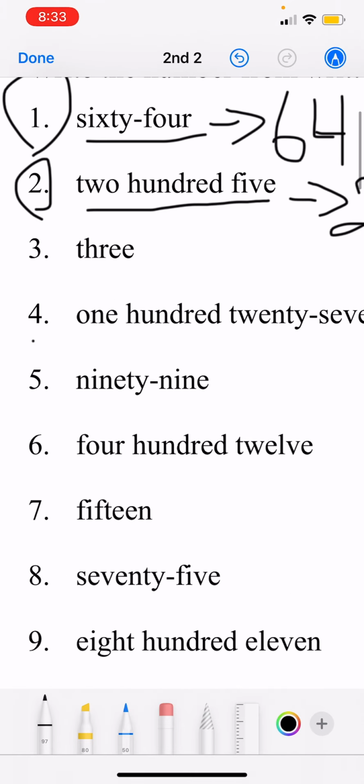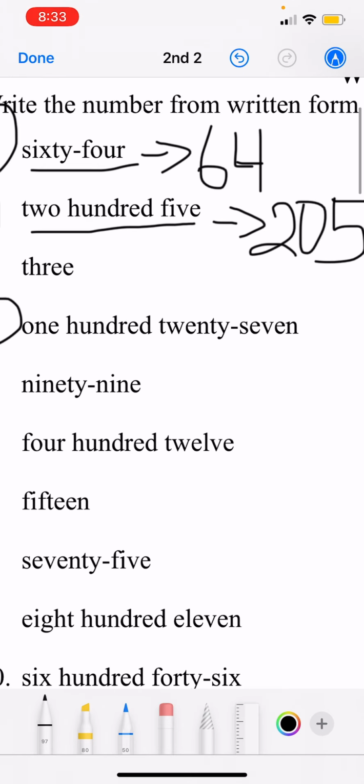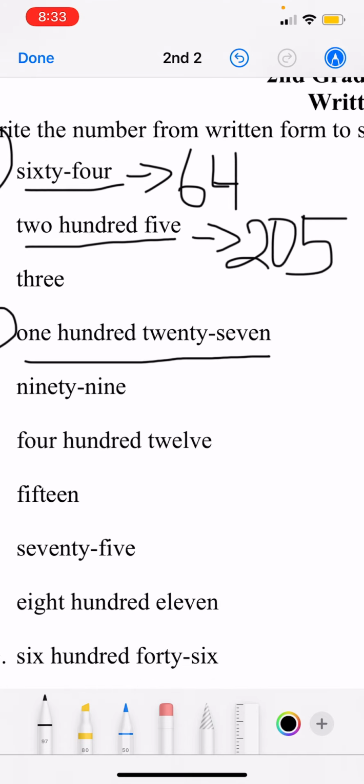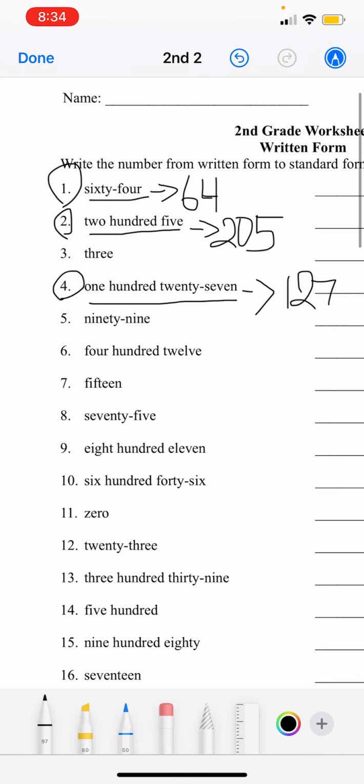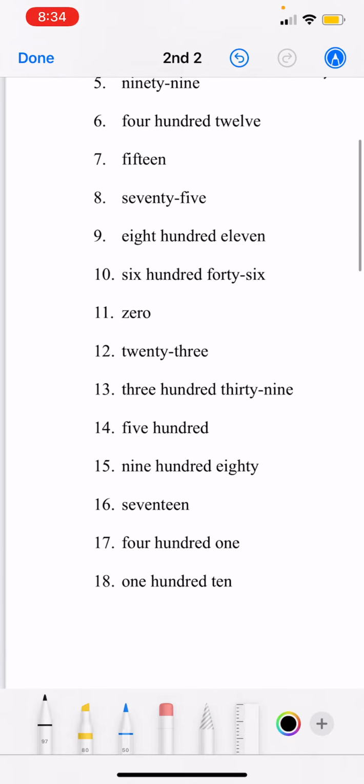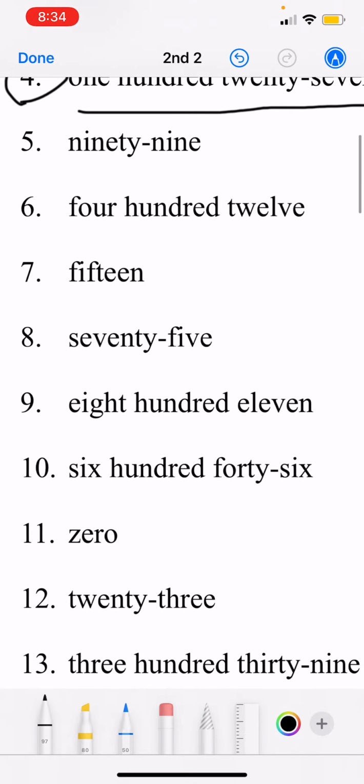Okay, let's look at number 4. Number 4 says 127. Alright, let's write that in standard form. It would be 127. Okay? Let's do number 8.